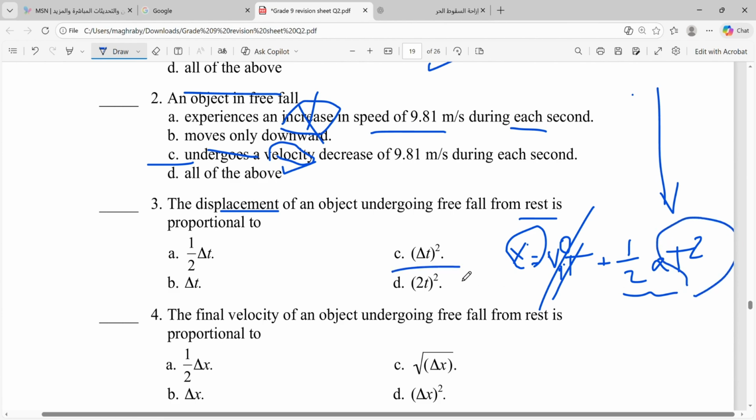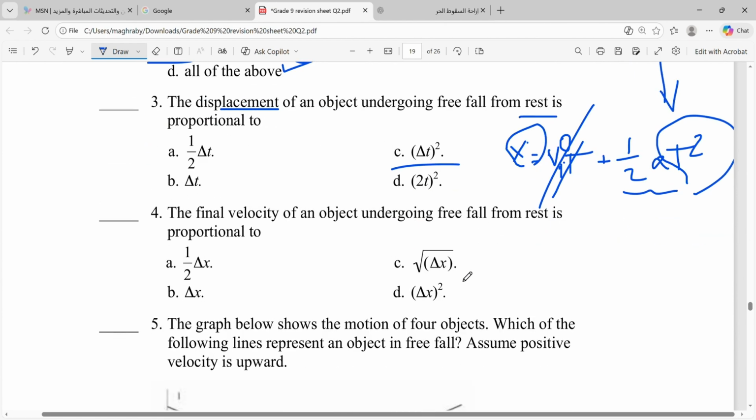This one. Then the final velocity of an object undergoing free fall from rest is proportional to what? Final velocity. Okay, we have two rules for the v final. v final square equals v initial square plus 2ax.